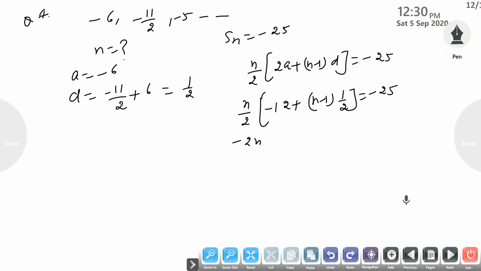Then minus 12n plus n into n minus 1 by 2, this is minus 50.